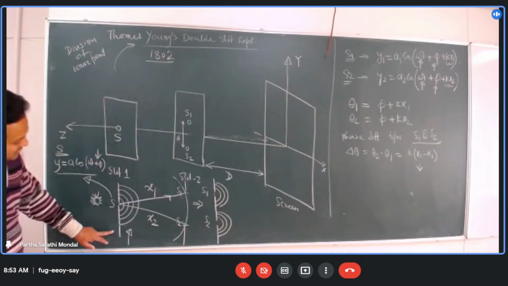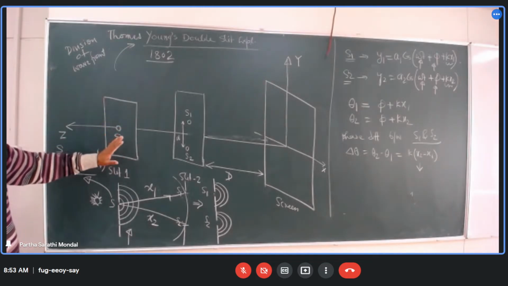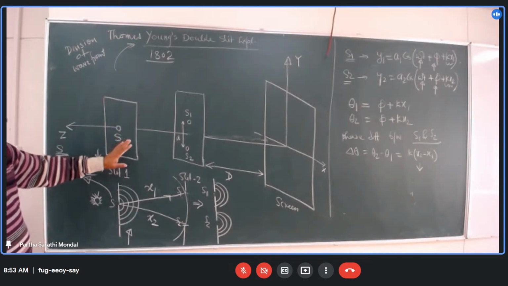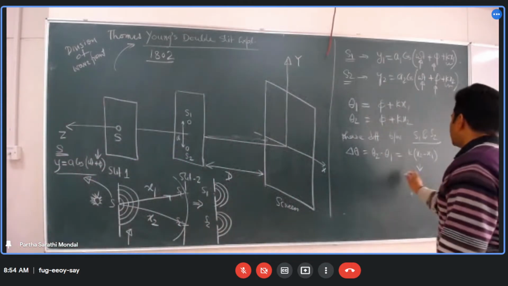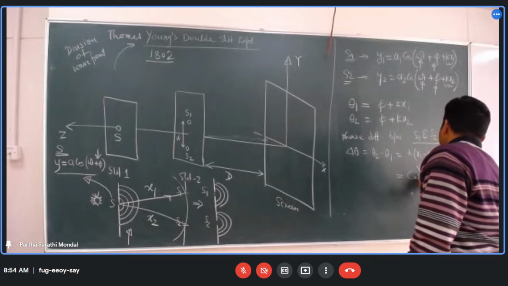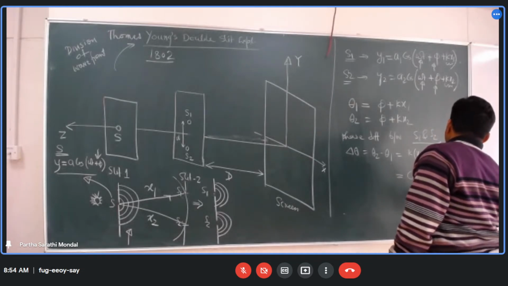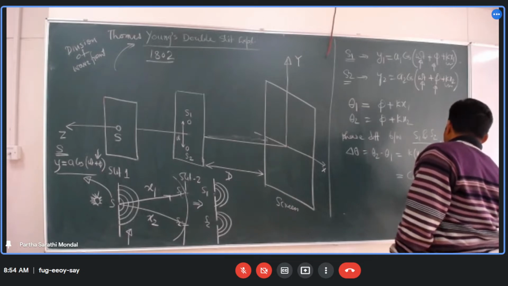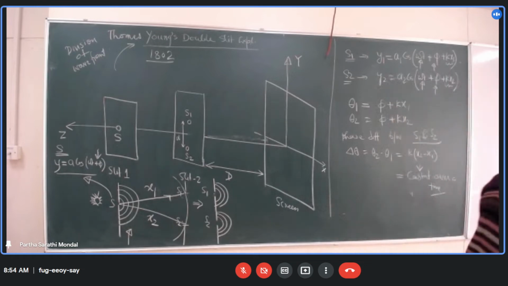Since this experimental setup is fixed for a particular experiment, x1 and x2 will also be fixed, so it is constant over time. This is an example of coherent sources.